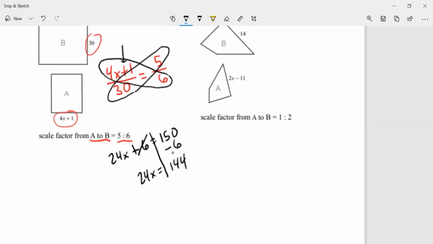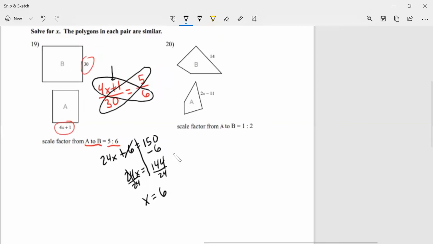Right, 150 minus 6, that's 144. And then to get x by itself, let me divide by 24. X equals 144 divided by 24, which happens to be 6. Okay, cool. I was able to solve that x is equal to 6.